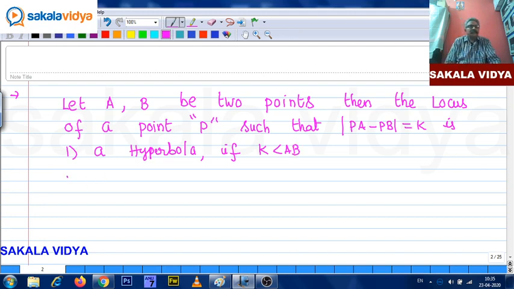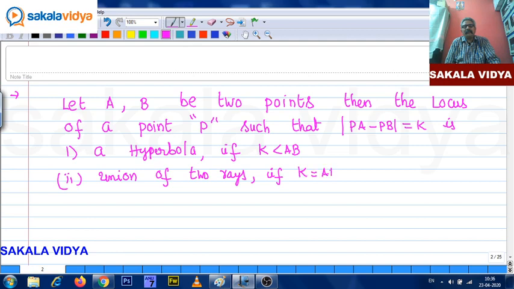Second, union of two rays if k equals AB, not a line segment in this case, union of two rays. Third, empty set if k greater than AB.